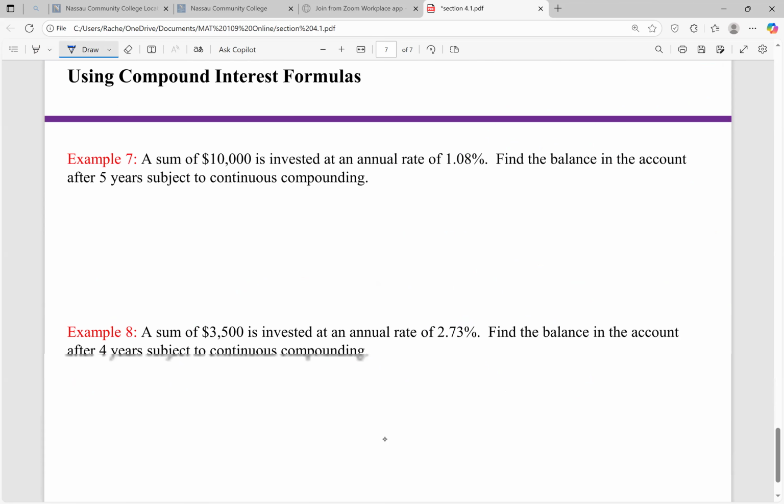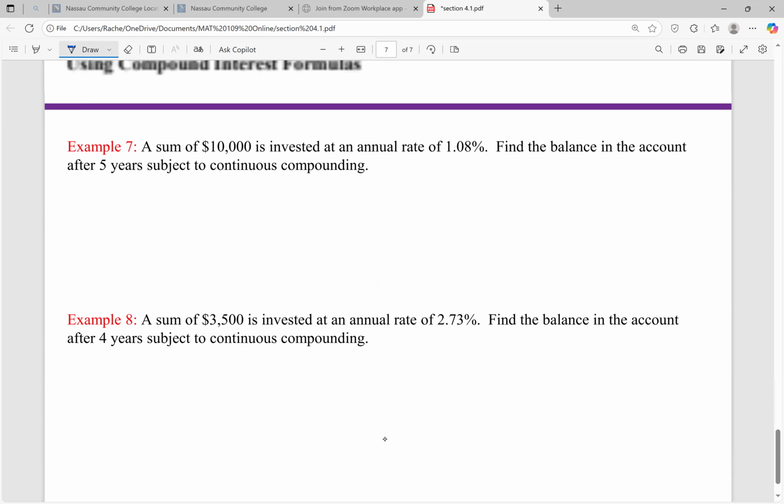So let's look at these last 2 examples. Example 7 says a sum of 10,000 is invested at an annual rate of 1.08%. Find the balance in the account after 5 years, but now subject to continuous compounding. So it's the same scenario as above, but now continuous compounding.